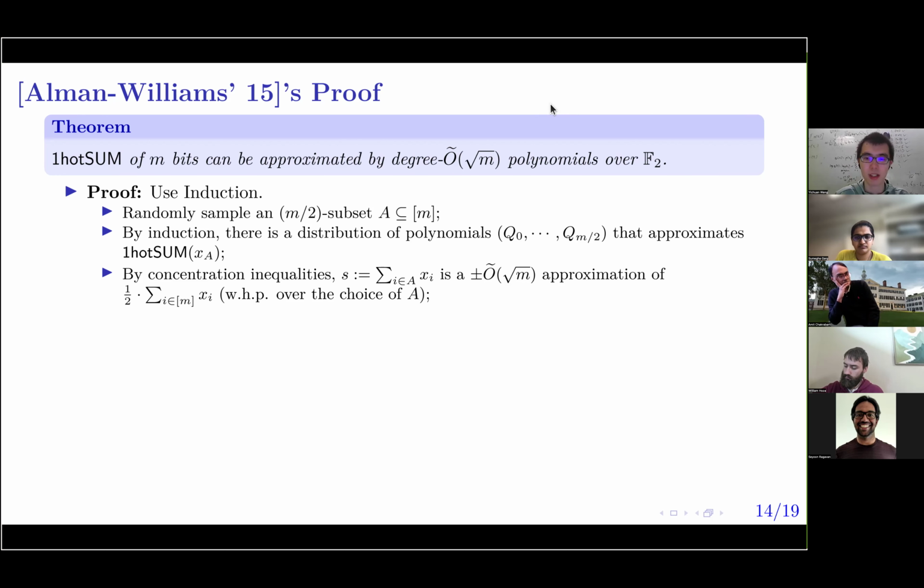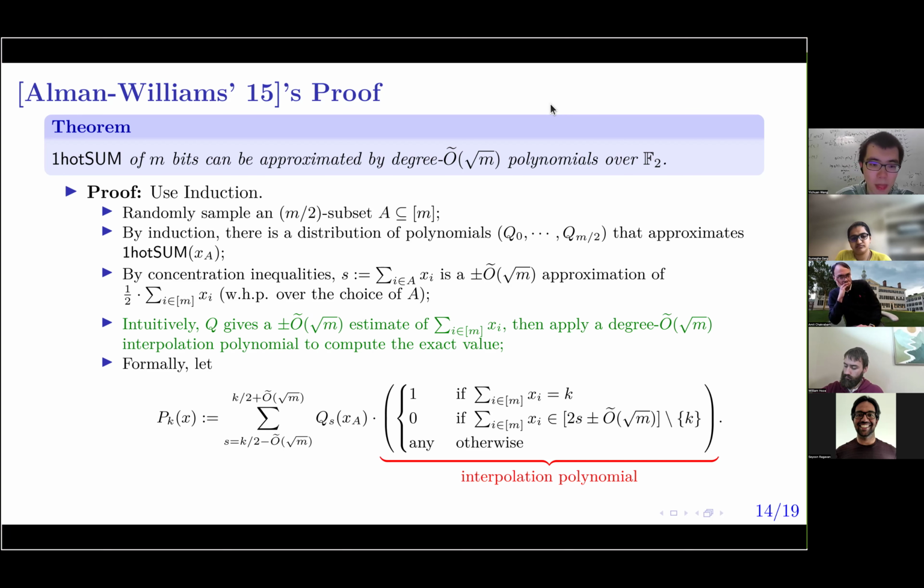Okay, so how do we make use of this sample sum? The general idea is that the sum of the sample bits gives a plus minus square root m approximation of the total sum. Then in order to determine the exact value of the total sum over this square root m length candidate interval, we can just do an interpolation polynomial on the total sum.